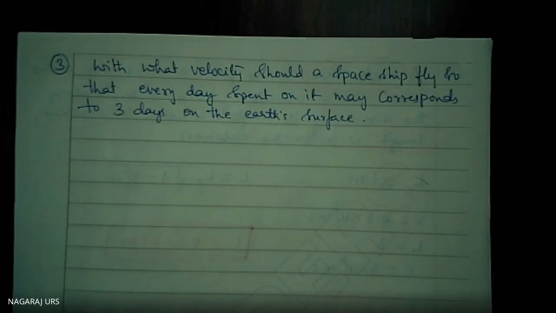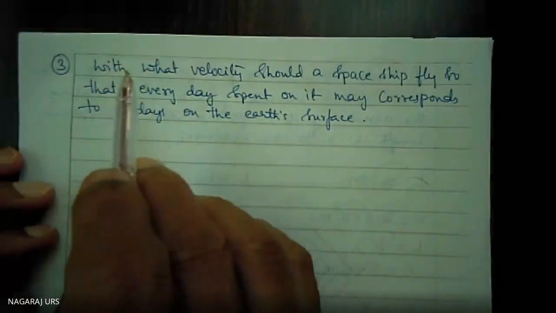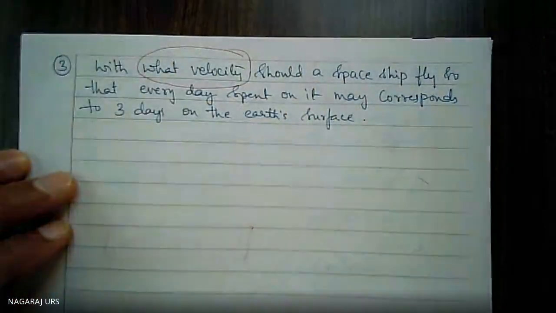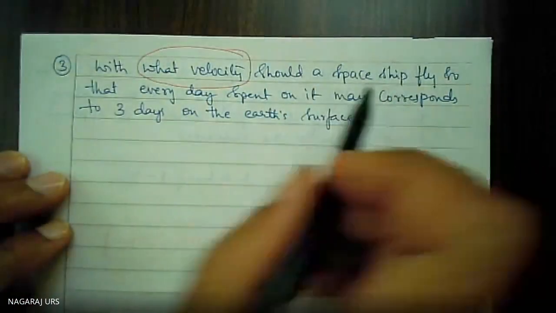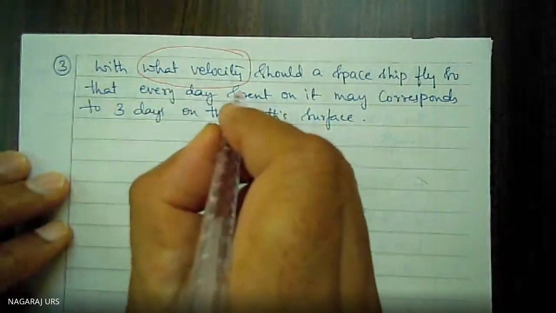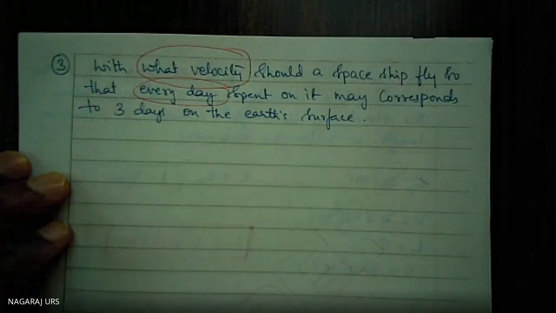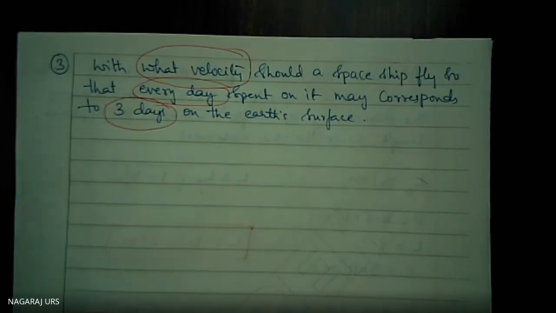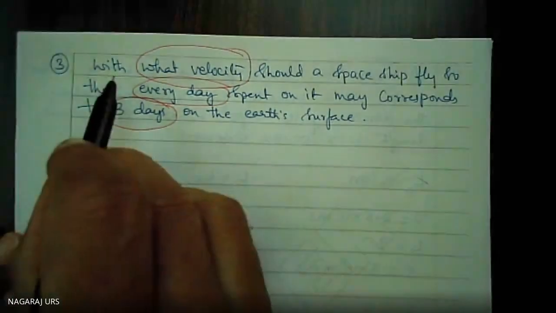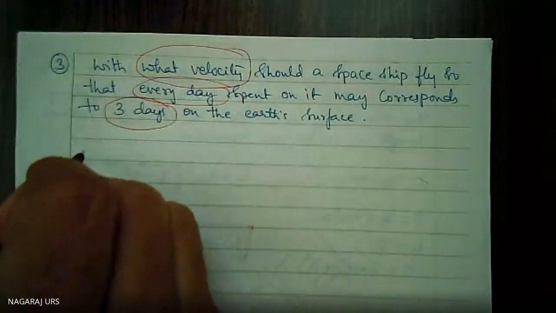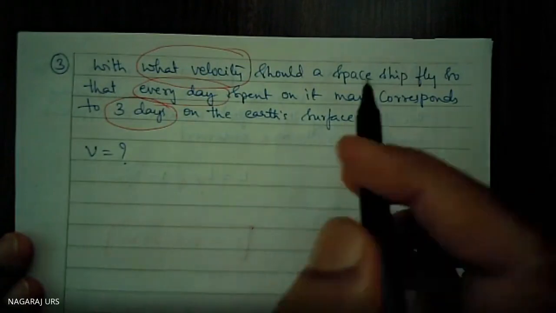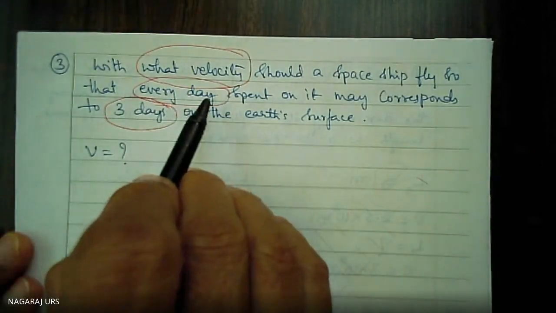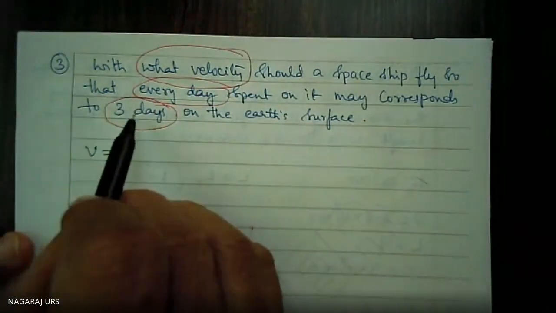Now, what data are given? Carefully, you have to read it and answer it. With what velocity should a spaceship fly so that every day spent on it may correspond to 3 days on the Earth's surface?